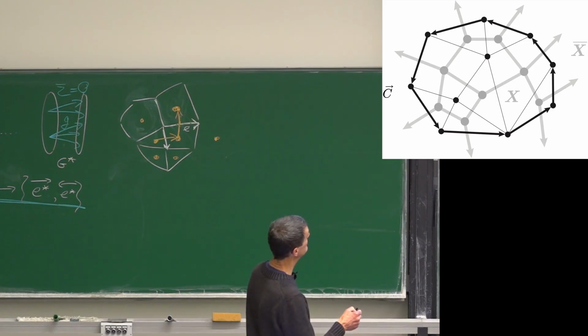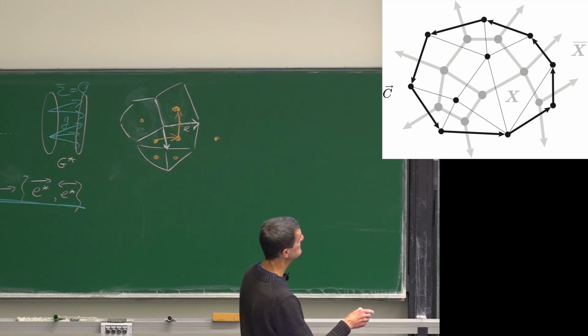To spell it out really formally, you look at a cycle in G, look at the set of its edges, then there is a corresponding bond of G star, namely in the plane, a bond that separates all the nodes inside this cycle C from those nodes outside the cycle C.